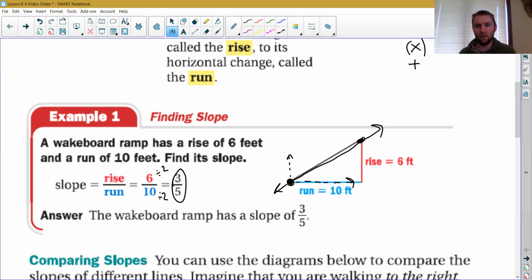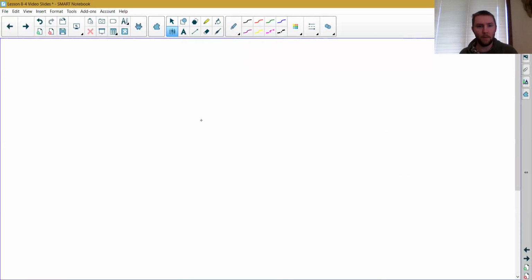So positive sloped lines look like this, okay? If I were to put a coordinate grid, and if I were to go from left to right, from the negative to the positive on the x, a line with a positive slope should be going up. As the x value is going up in the positive, going this way, the y value should be going up as well.